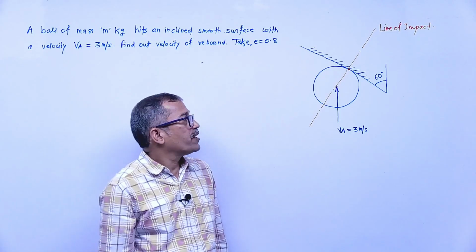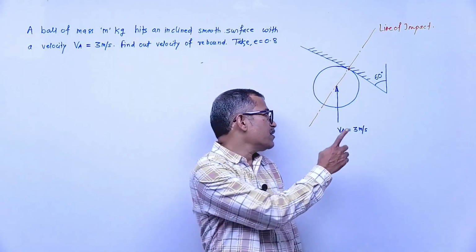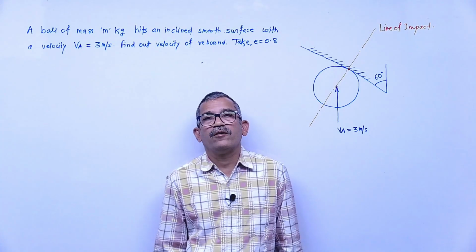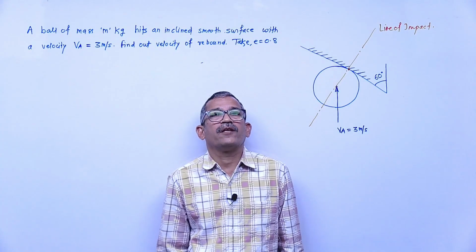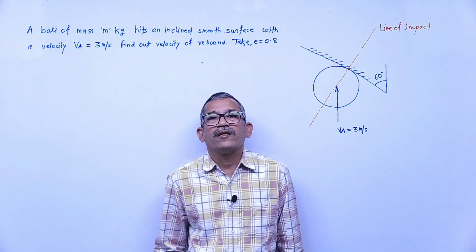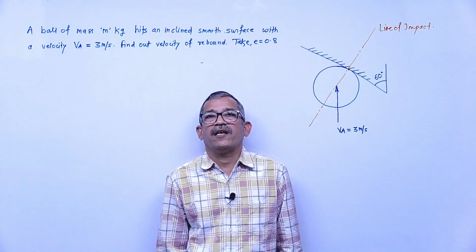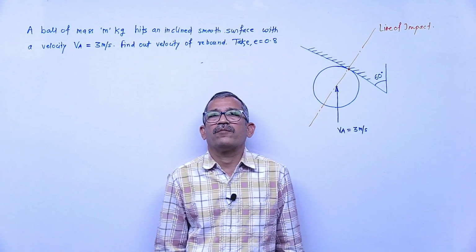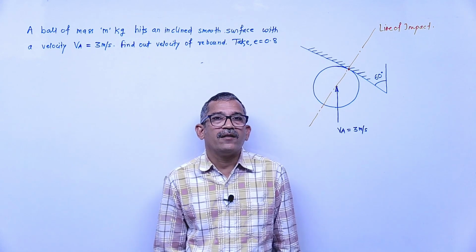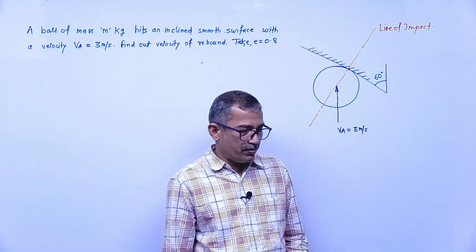In oblique impact, what is important? The given velocity we have to resolve along the line of impact and perpendicular to the line of impact. The component along the line of impact changes as per our equations, the law of conservation of momentum and coefficient of restitution, and the other component perpendicular to the line of impact remains the same.